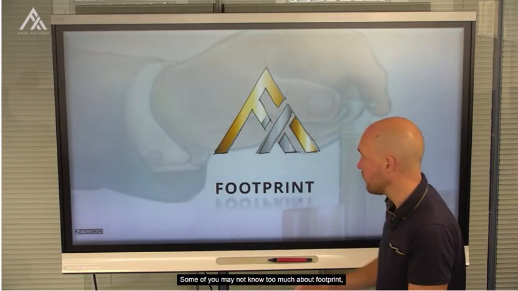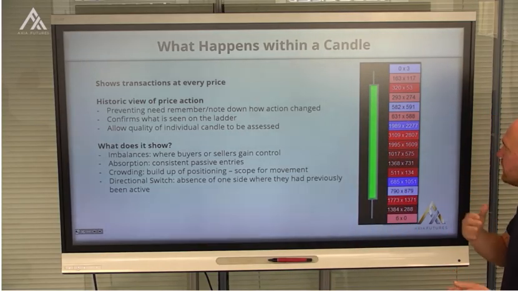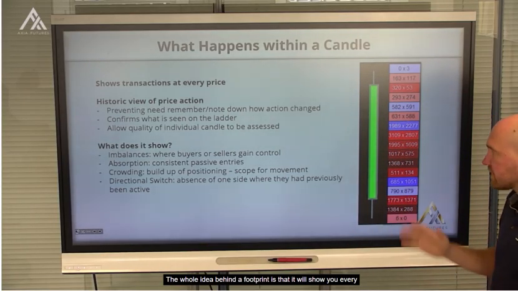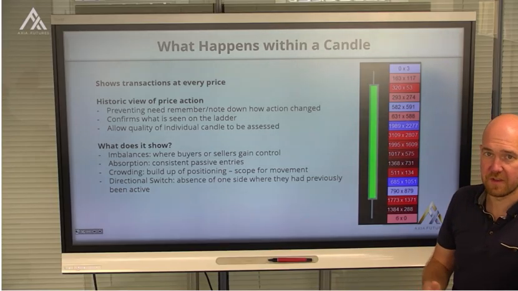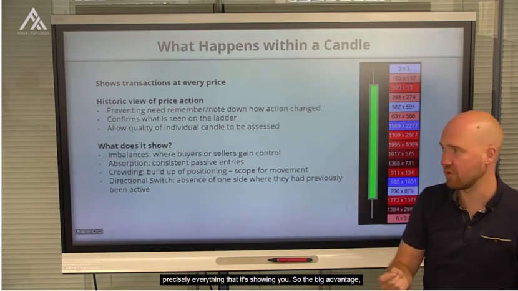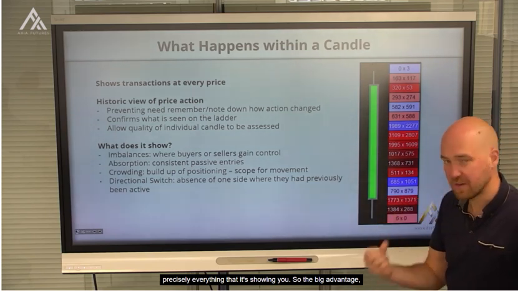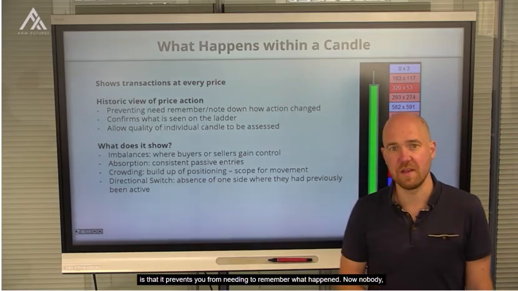Some of you may not know too much about Footprint, so I'll cover some of the basics to start with. The whole idea behind a Footprint is that it will show you every transaction at every price. Now, I'll give you another example of this in a moment, and I'll go through precisely everything that it's showing you. So the big advantage, and this is very, very helpful, is that it prevents you from needing to remember what happened.